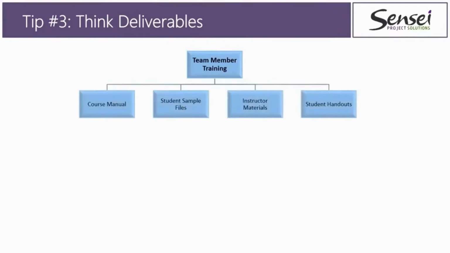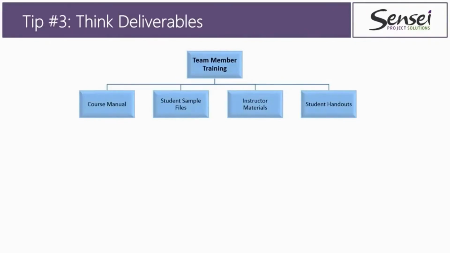Well, we need a course manual written. We need student sample files for the people who attend the class, the team members. We need instructor materials, so the teacher actually has something to teach. And then we need student handouts or quick reference cards, you know, things like that. So when you look at my screen, you're actually seeing 4 deliverables.